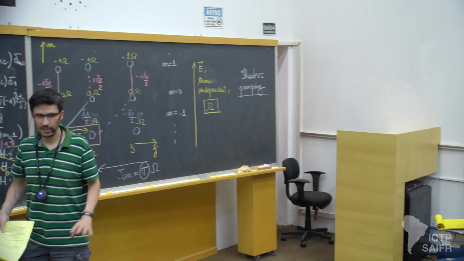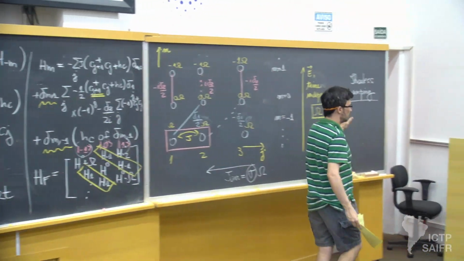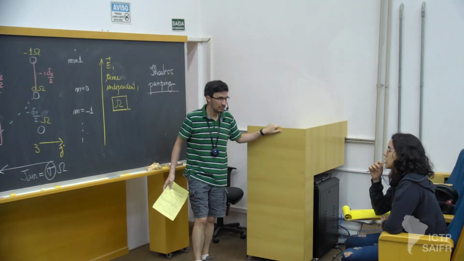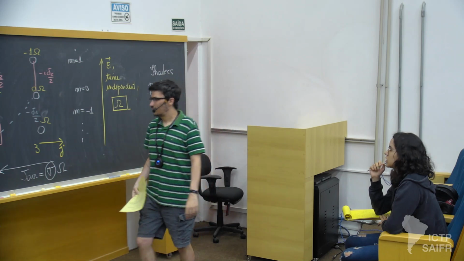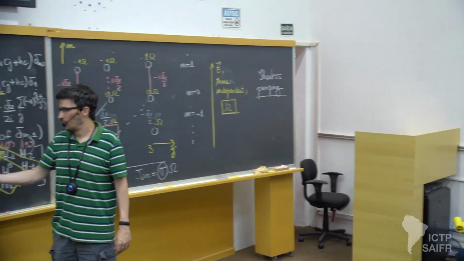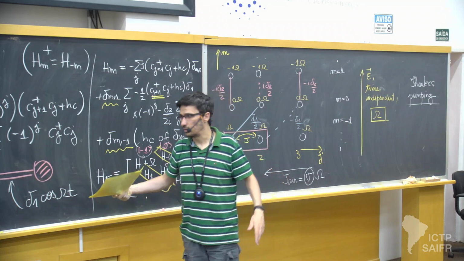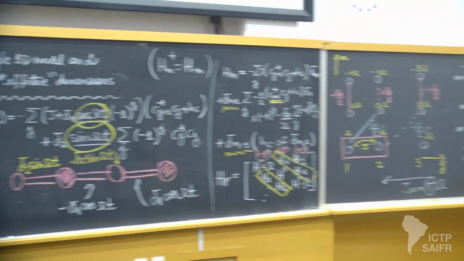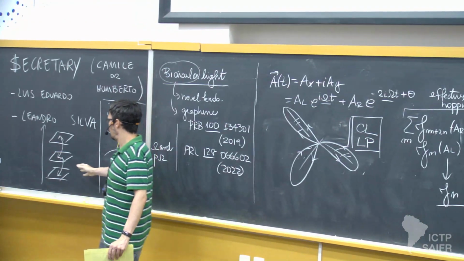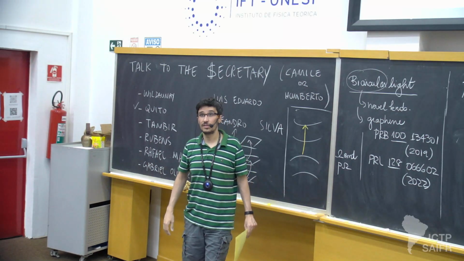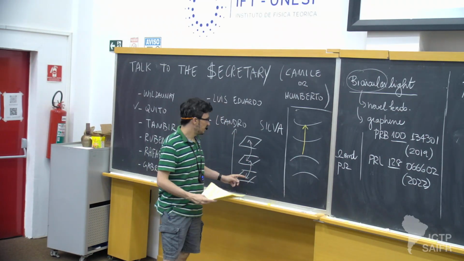So again, forgetting for a minute the Thouless pumping, if you have never heard of this, I will also put the reference. But the point is that this model realizes what many of you were asking me yesterday about how this replica structure looks very similar to an effective dimension or tight binding along this dimension.